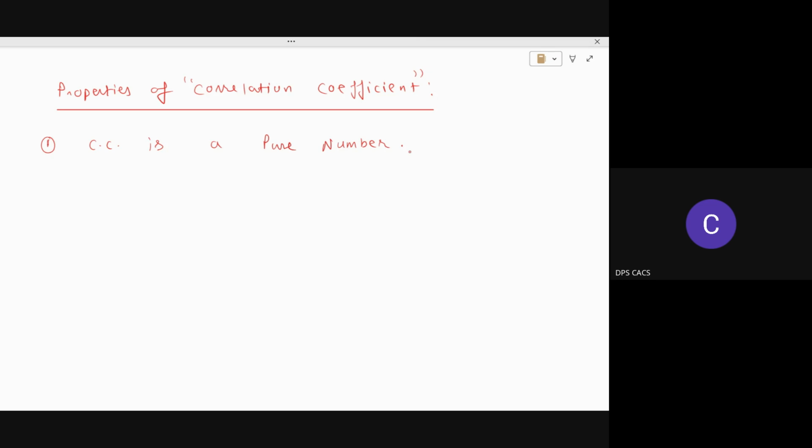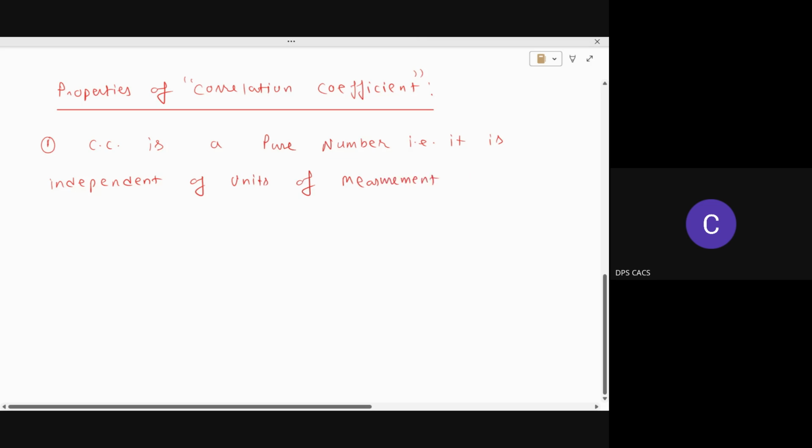This is a pure number, that is, it is independent of units of measurement. You can also say unit free. Means correlation coefficient is a unit free measure. Never write any unit with it.